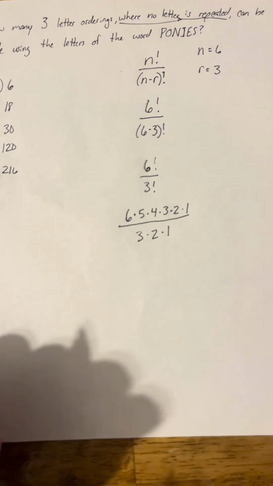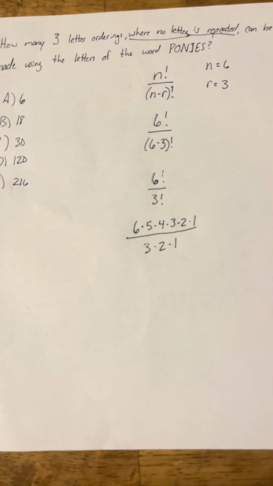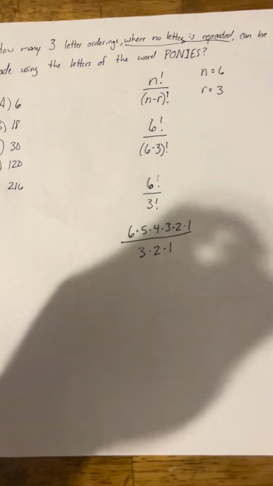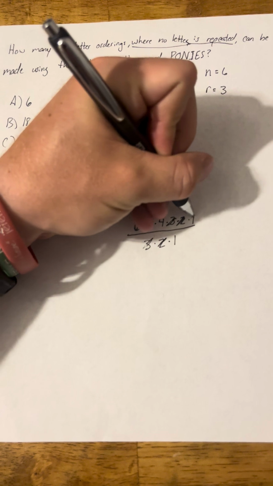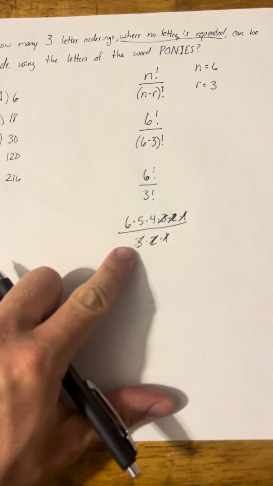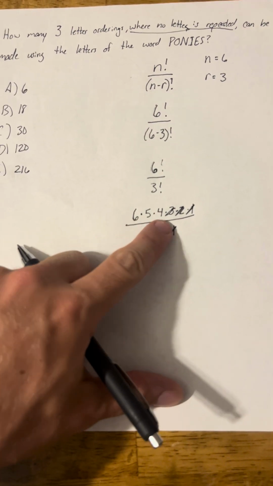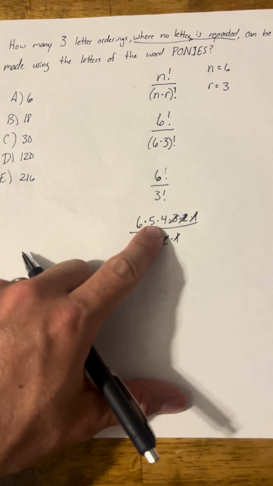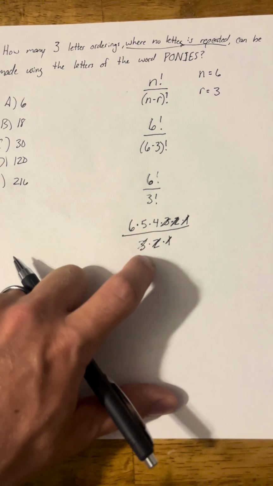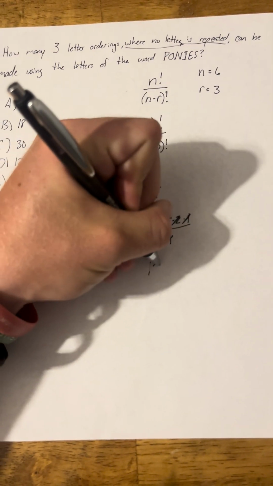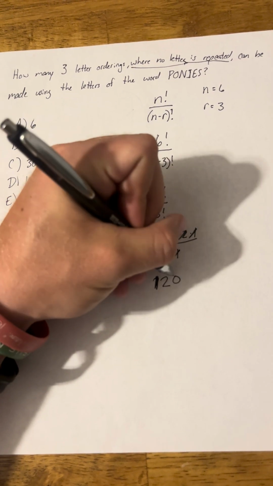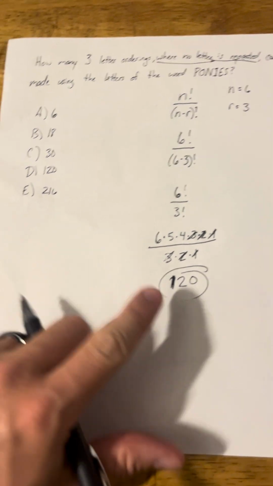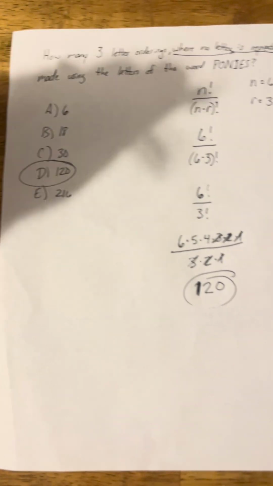Now, with factorials, when you're dividing, you can cancel out the numbers that are the same. So 3 cancels with 3, 2 with 2, 1 with 1. Now all we're left with is 6 times 5 times 4. 6 times 5 gives me 30, times 4 gives me 120. So that is your total number of orderings, 120. If we look over here, our answer is D.